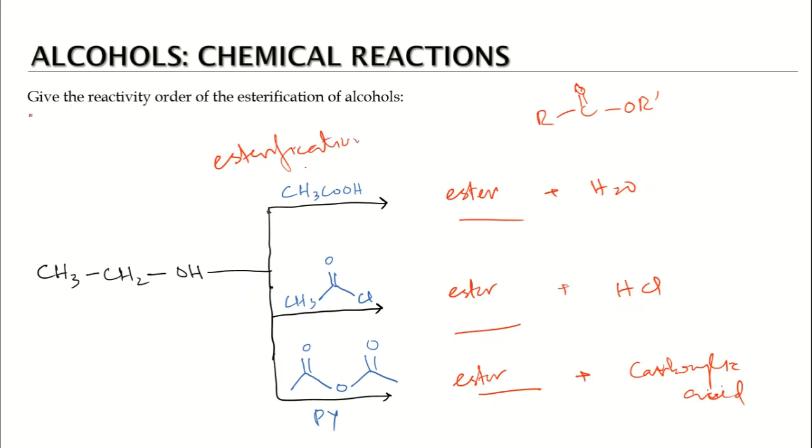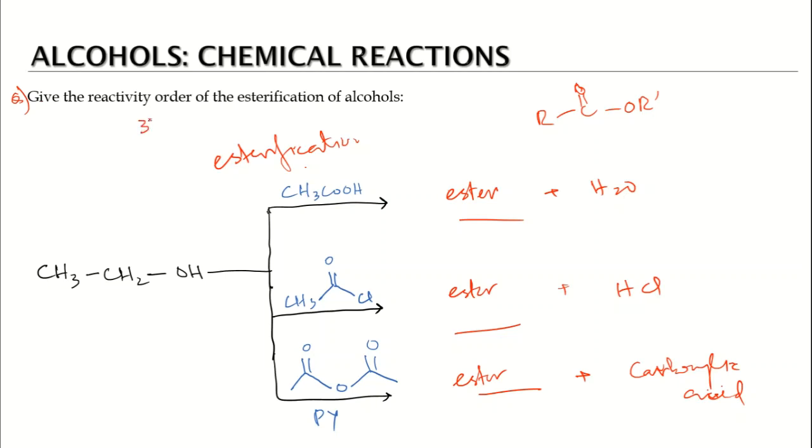Before that, we have a question here. Give the reactivity order of the esterification of alcohols. Which alcohol will be most easily esterified and which will be least esterified? We have to give the order. So what will be the order?